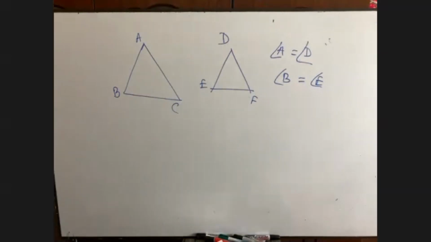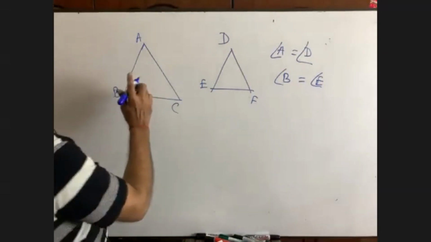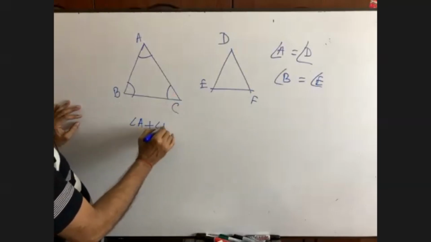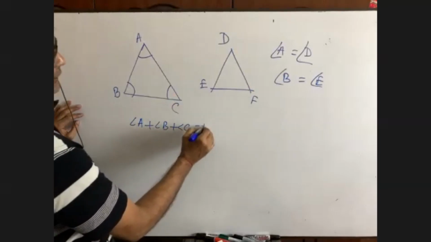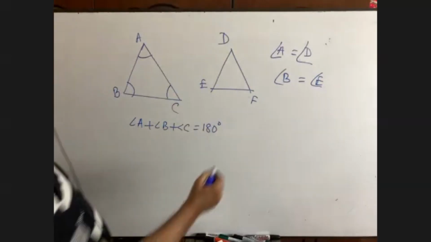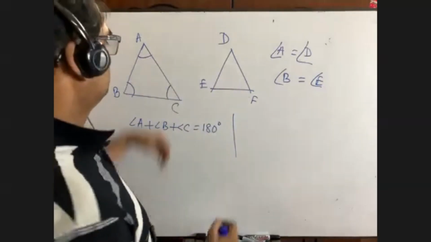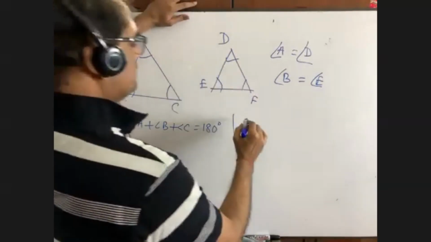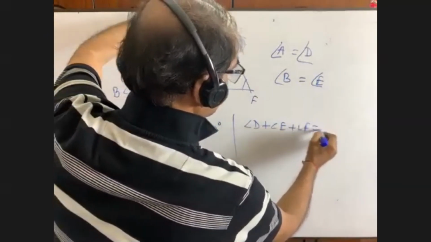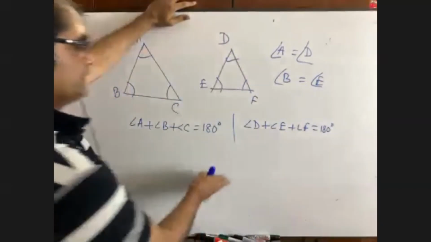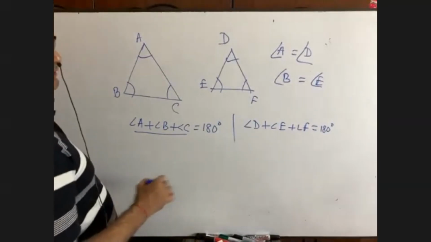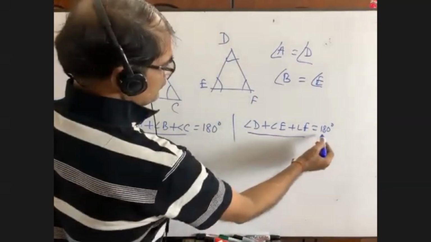How does it come? You see, in this triangle, sum of three angles, angle A plus angle B plus angle C equals 180 degrees. Again in this triangle, angle D plus angle E plus angle F equals 180 degrees.